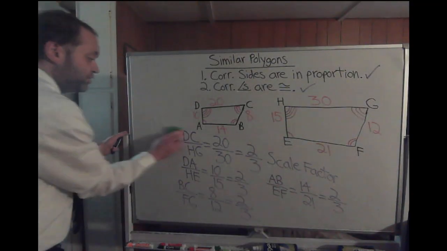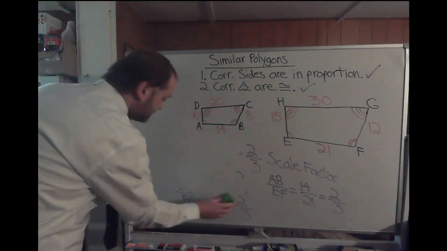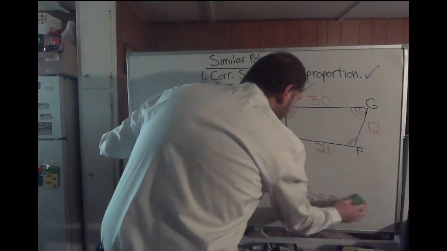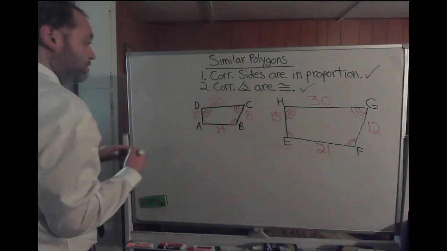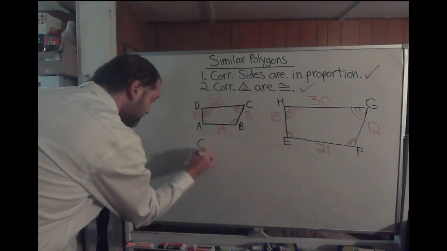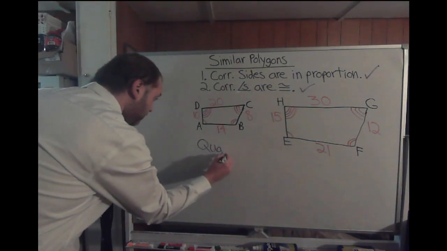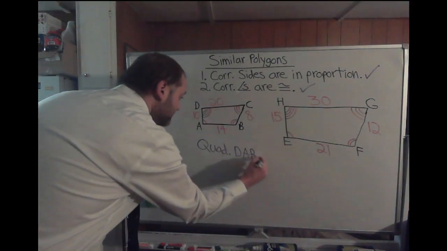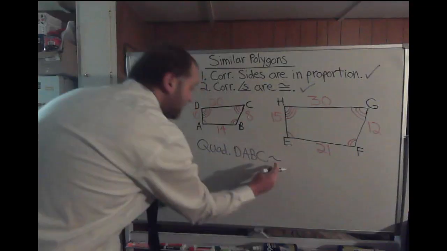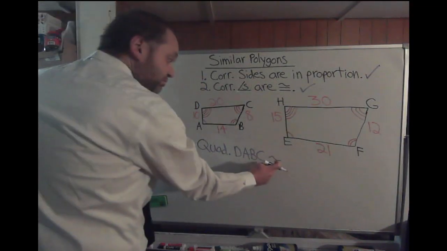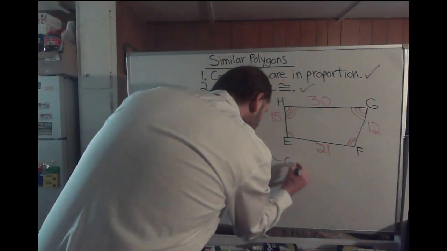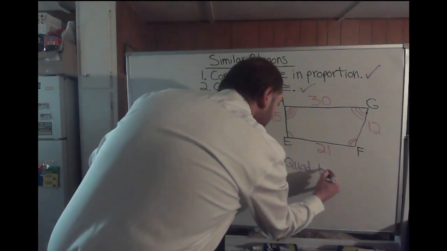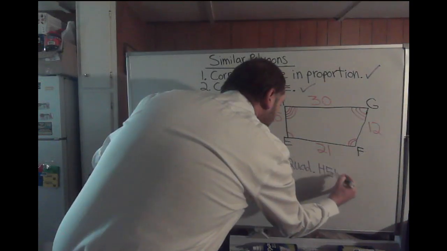Let me show you how to write that in an abbreviated sense. There's a symbol for similar, as opposed to writing it out word for word. What you can say here is quadrilateral DABC is similar, and that tilde, just that one tilde symbol, means similar, to quadrilateral HEFG.